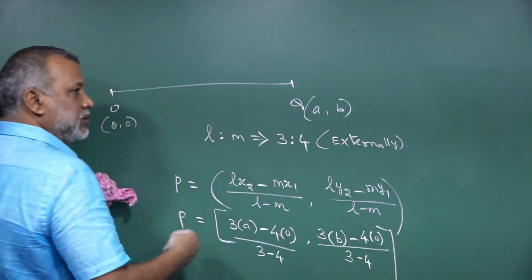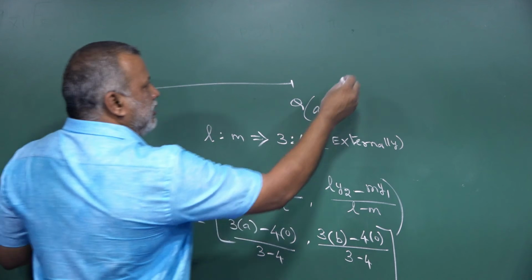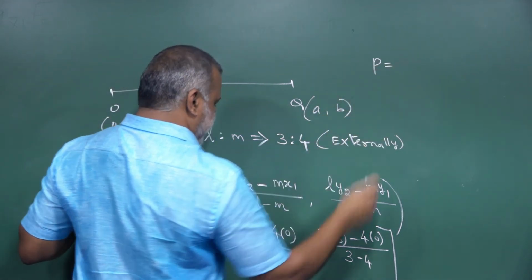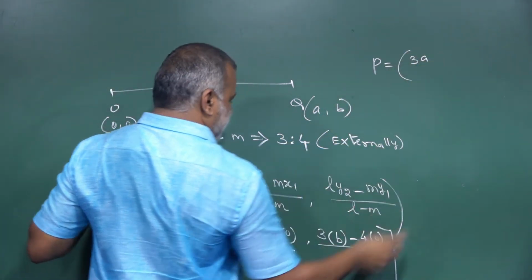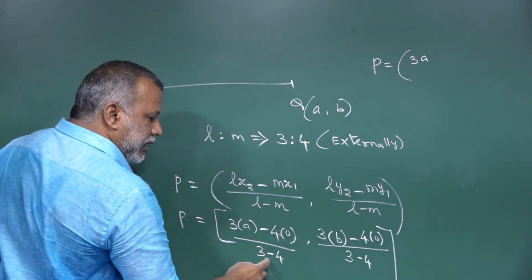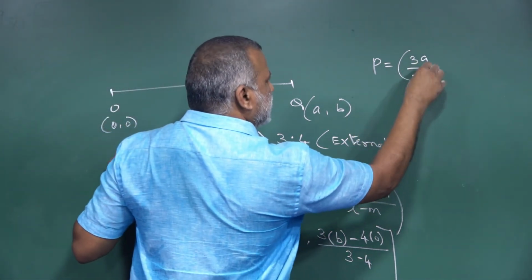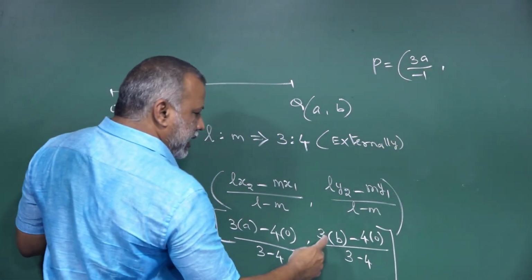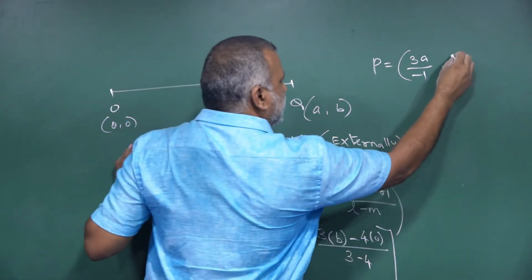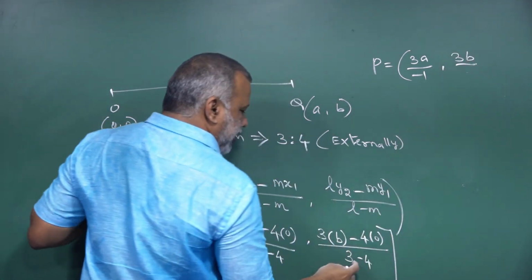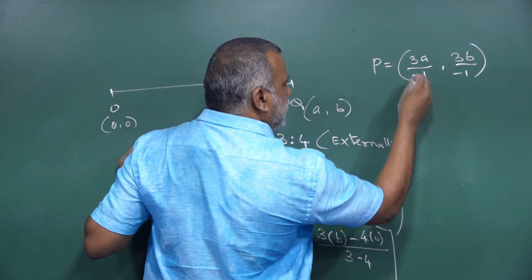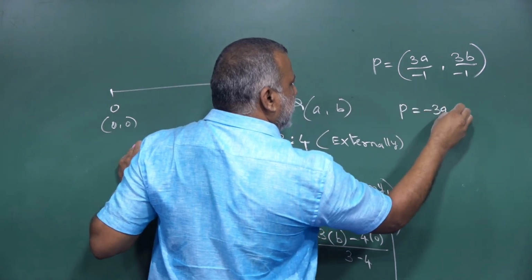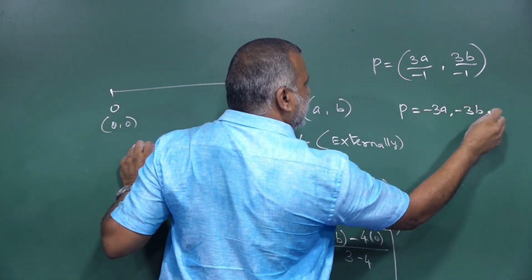So just simplifying this one, we can get P equal to 3a, it becomes 0, divided by 3 minus 4 which becomes minus 1, comma, here 3b divided by minus 1. Therefore, I can say P equal to minus 3a, comma, minus 3b.